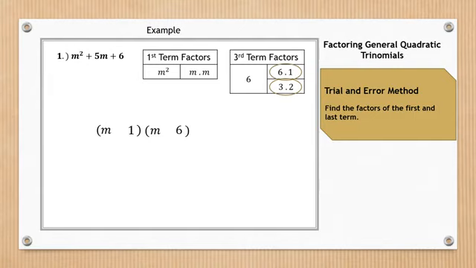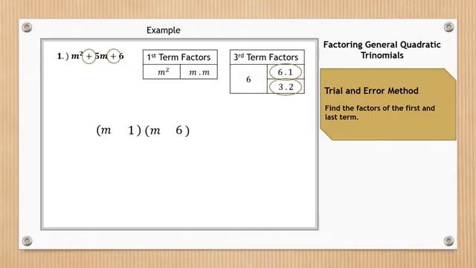Okay? So, next is, you have to put sign in between sa factors. So, tingnan nyo yung given natin. Tingnan mo yung sign ng last term. The sign of the last term is positive. Okay. If the sign of the last term is positive, you look at the sign of the middle term. What's the sign sa middle term?